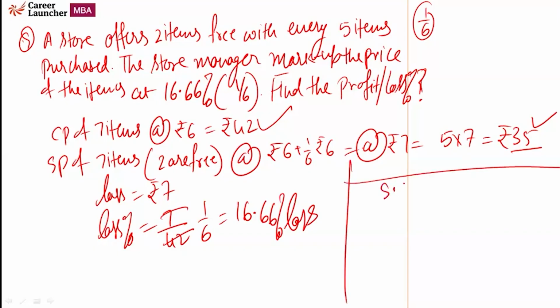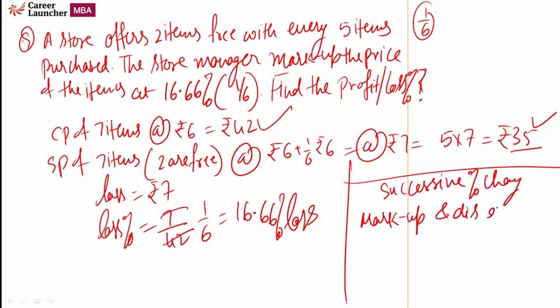Second, successive percentage change. One is markup, second is discount. These are the 2 things that happened in this question. How much is the markup? 1 by 6. How much discount are you giving? 2 by 7. You give 2 free out of total.